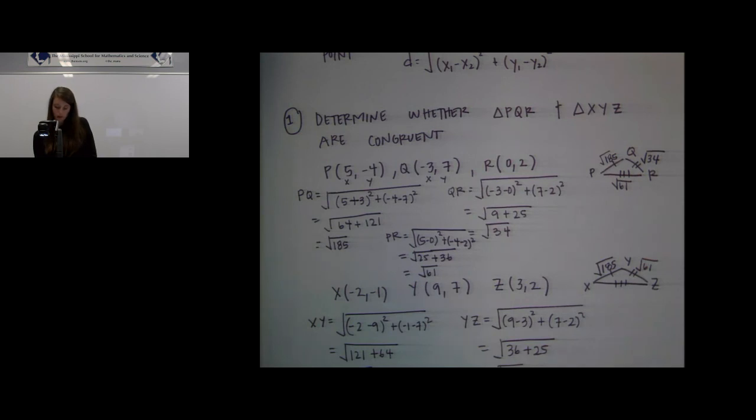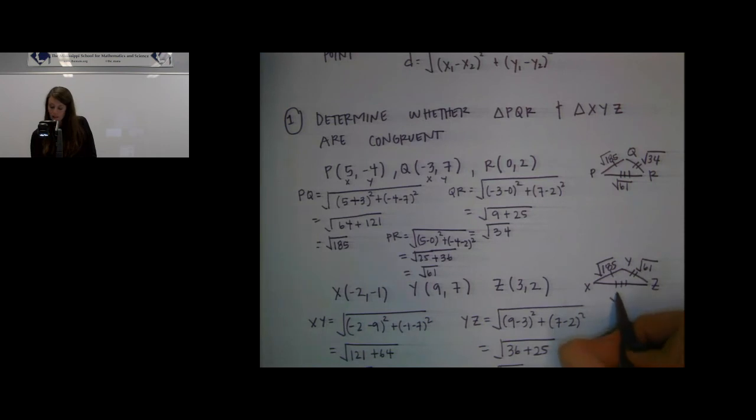And then XZ. So XZ will be -2 minus 3 squared plus -1 minus 2 squared. That's negative 5, so it's 25, plus 9, which is 34, so the square root of 34.